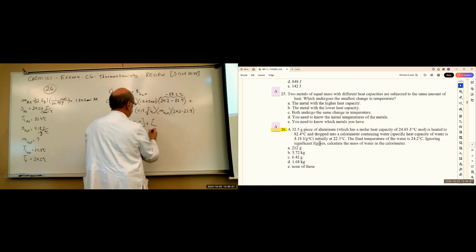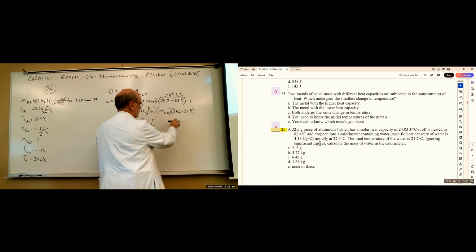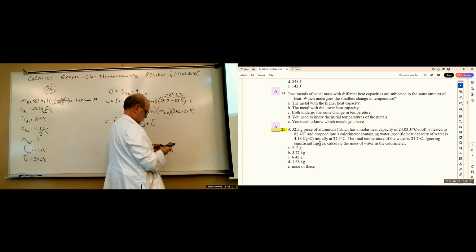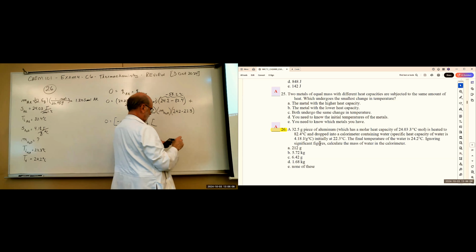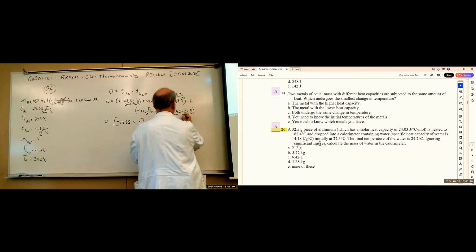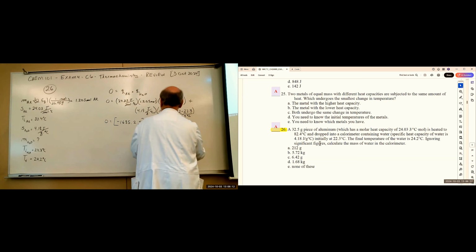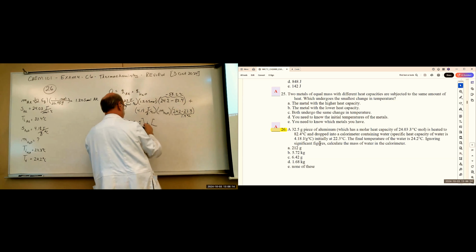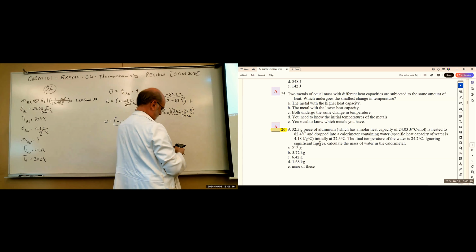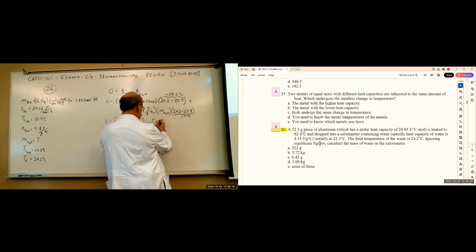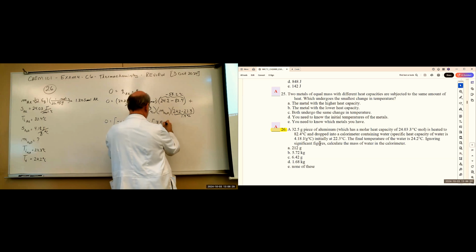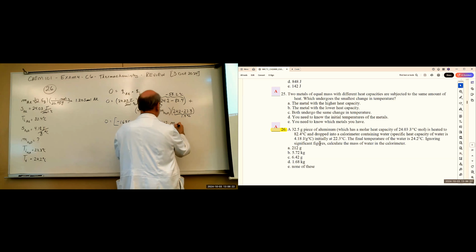Okay. Then we'll have this term. So 24.2 minus 22.3 is 1.9. All right, so 1.9 times 4.18 is 7.942 times the mass of the water.